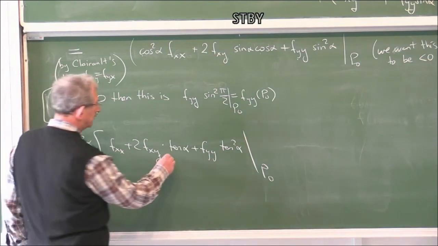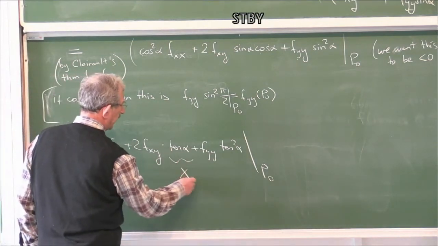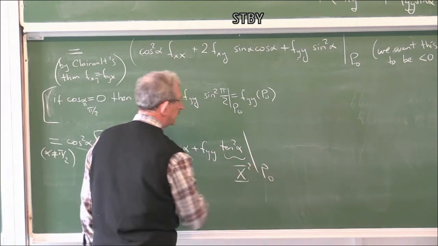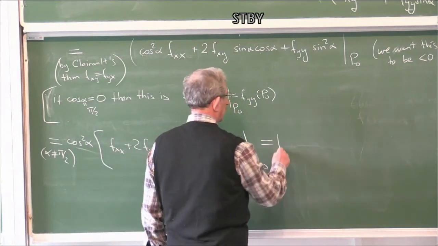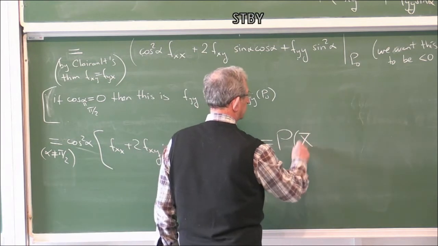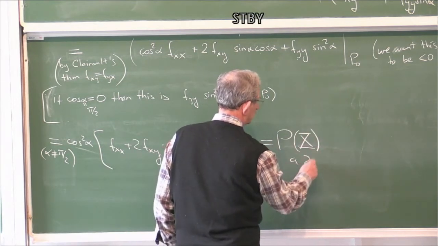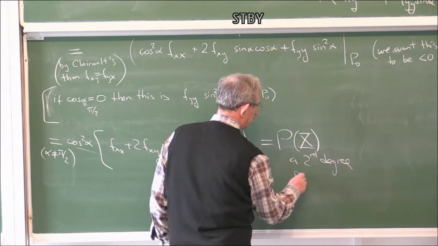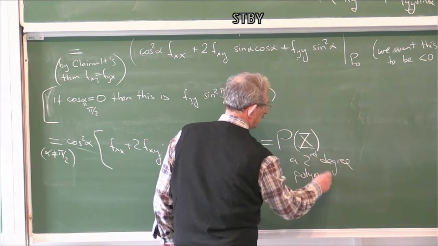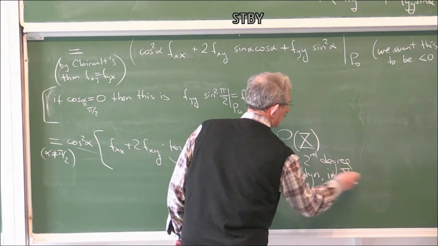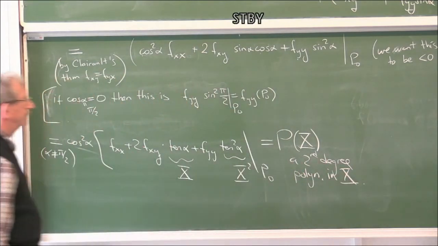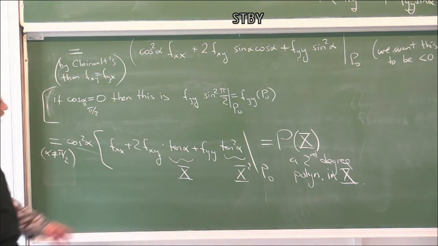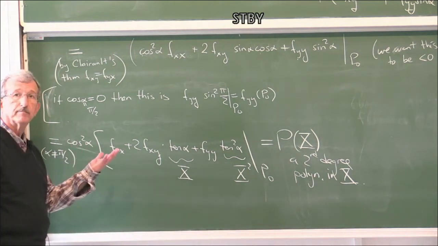Now I can consider this tangent as my big X, and this is big X squared. So this is P of big X, a second degree polynomial in the variable big X. And for all X, I want this to be negative.